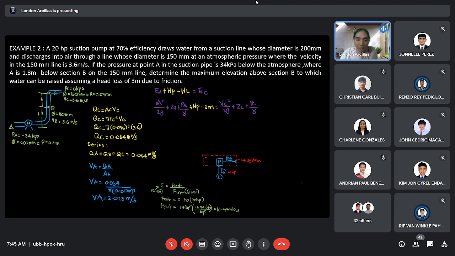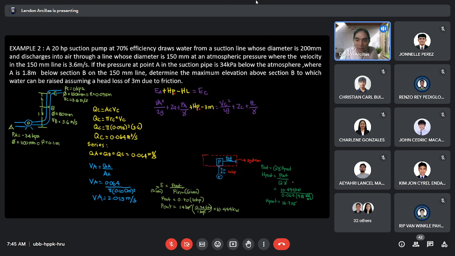So, given this P in, which is 24 horsepower suction pump, and also the efficiency of 70%, we can get the power out. This is power generated. So, I will just convert this to kilowatts. And since we now have the power out, we can get the HP out, which we will substitute here since this is the HP out.